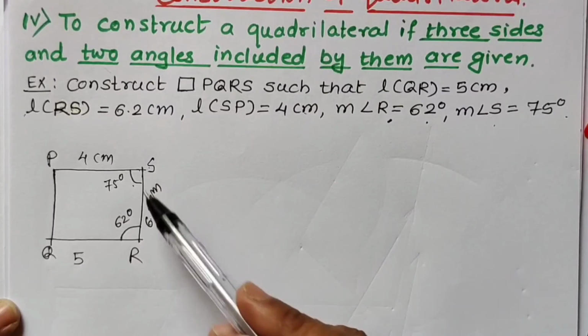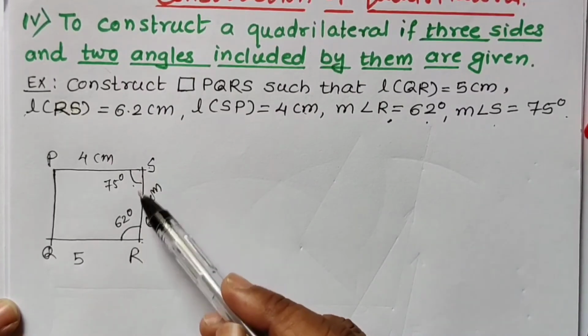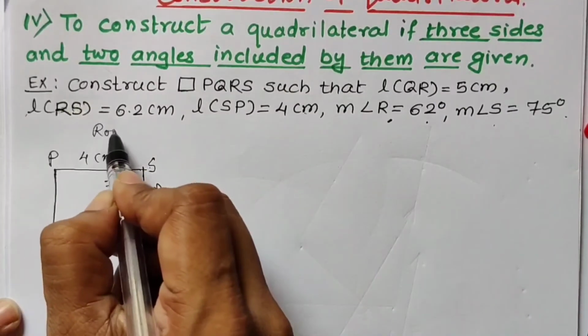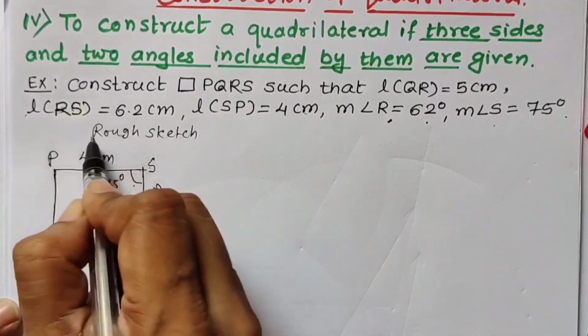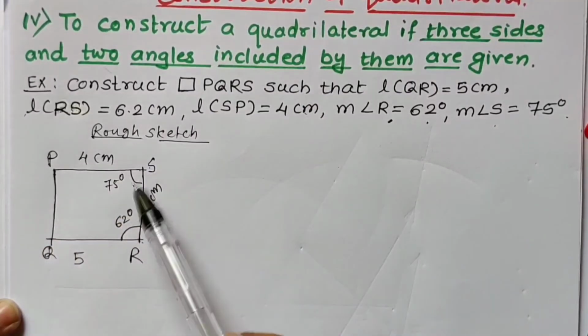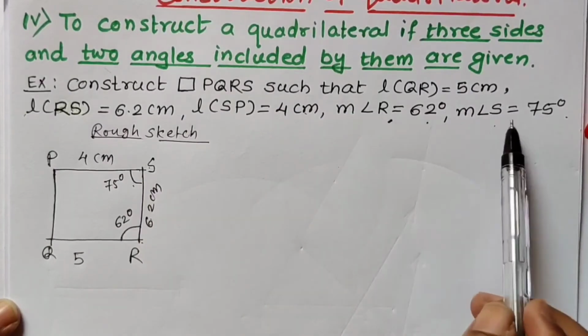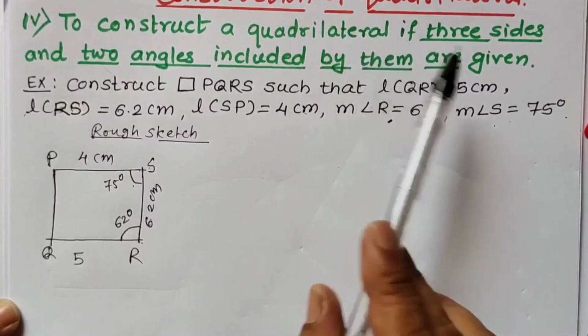So as angle S and angle R, these two included angles are given, we draw SR as the baseline. So I will be drawing a rough sketch again, because we have been given the angles S and R. Always see which two angles are given when 3 sides and 2 included angles are given to us.